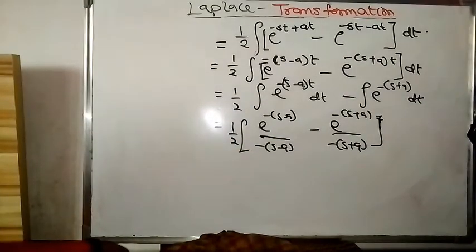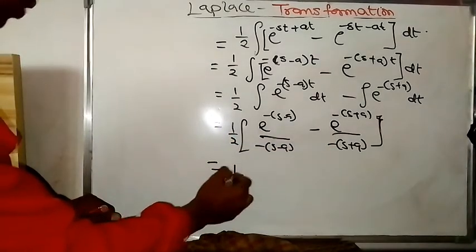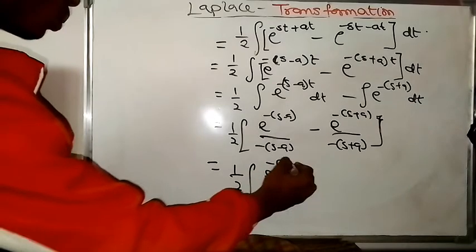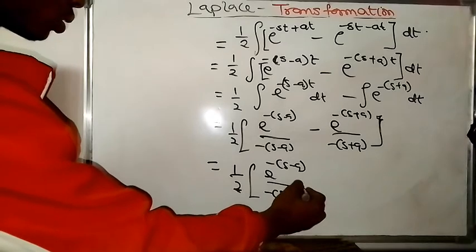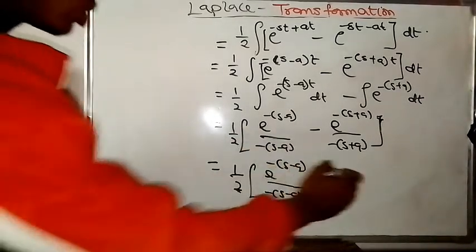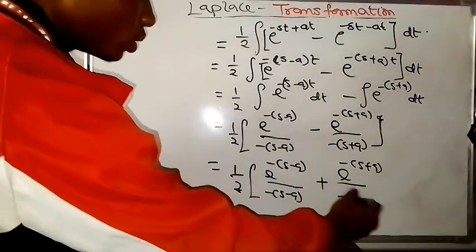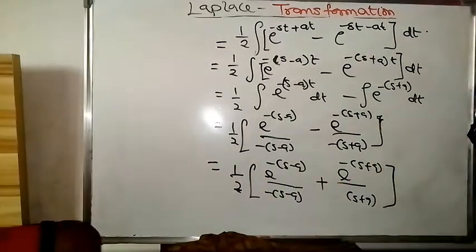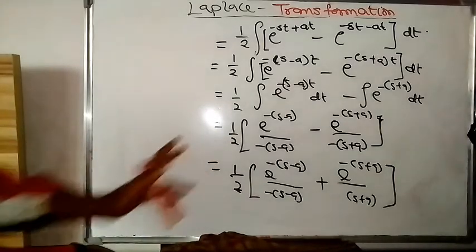So now, what's our next step? Okay, minus will cancel minus, right? So we have 1 over 2 open bracket exponential minus s minus a divided by minus s minus a, and you have plus exponential minus s plus a divided by minus s plus a. Sorry, s plus a. So now we successfully integrated this factor.